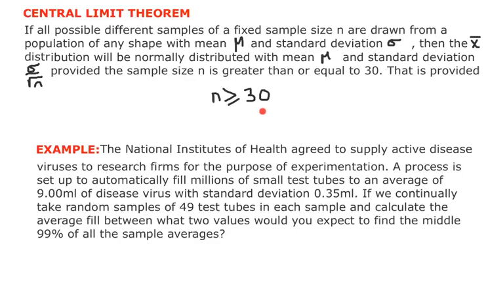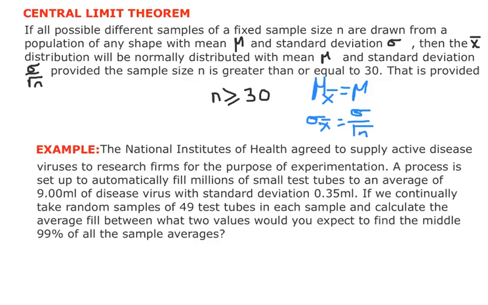In this central limit theorem, you see that the x bar distribution will be normally distributed, and the mean of our sample mean is equal to mu, and the standard deviation is equal to sigma over square root of n.